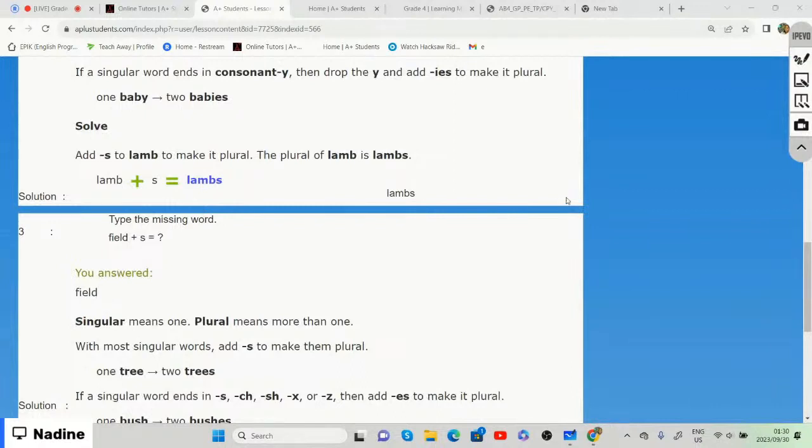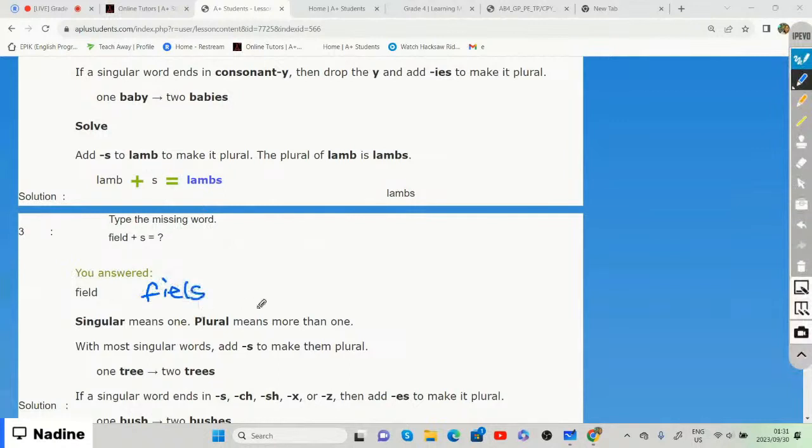But now we need to plow more than one field. We need to plow fields. So fields. And there we added the s.